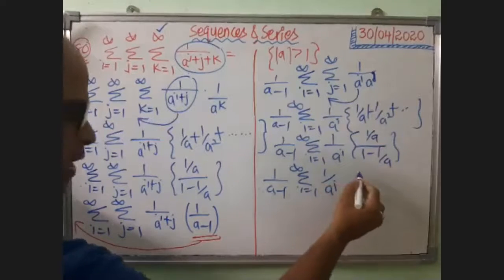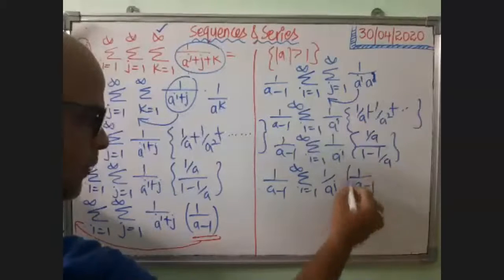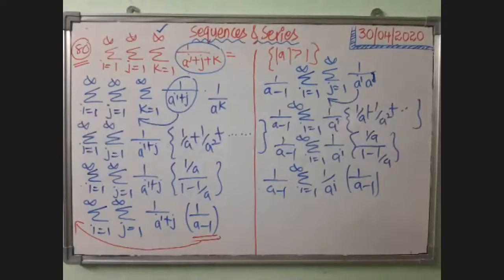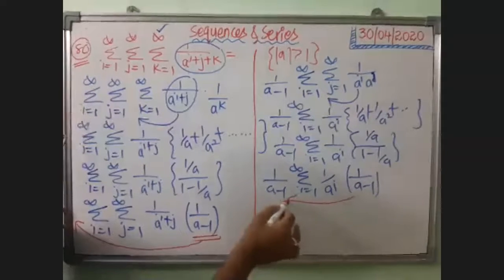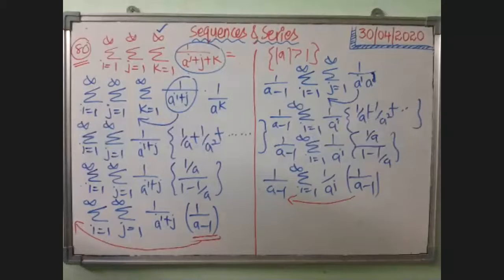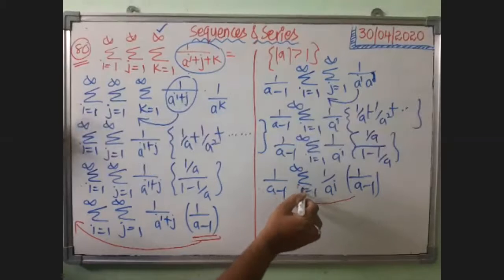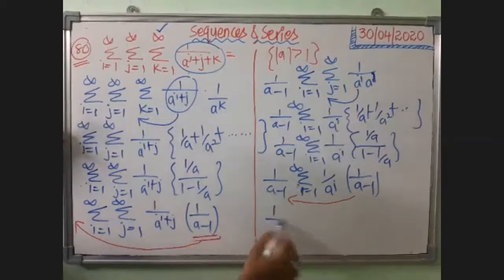It will become once again 1 by a minus 1, just like I have got here. So this is the way I am able to eliminate the second sigma from the right side. So this 1 by a minus 1 will be coming to the left side. You are left with only one sigma, with only the one unknown i. So it will become 1 by a minus 1 whole square.